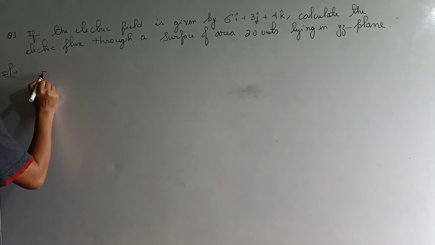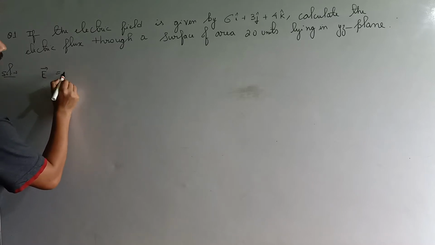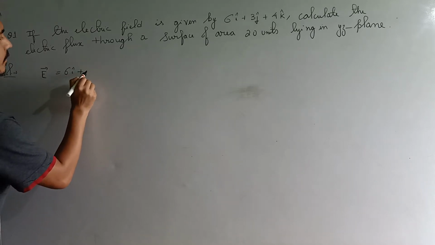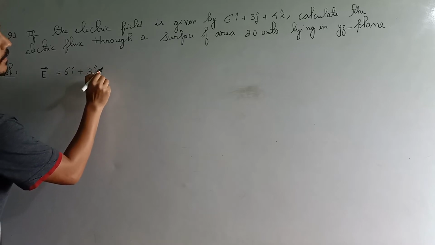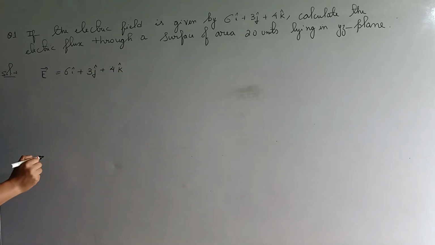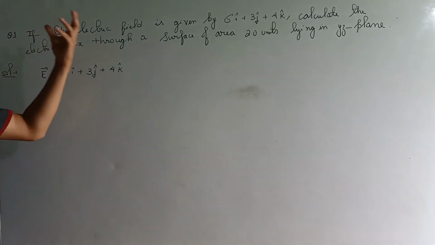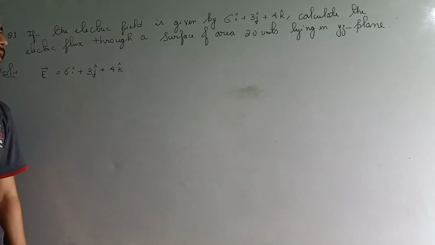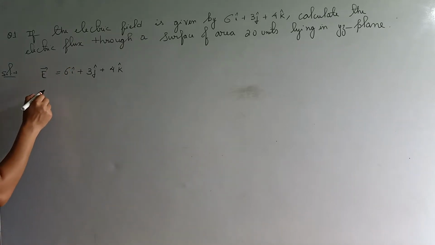Your electric field is given by 6i cap plus 3j cap plus 4k cap, and you want to calculate the electric flux through a surface having area 20 units lying in the YZ plane. So your area vector will be in which direction?